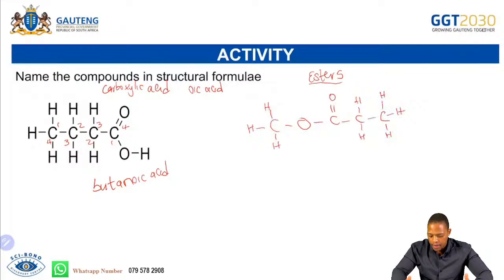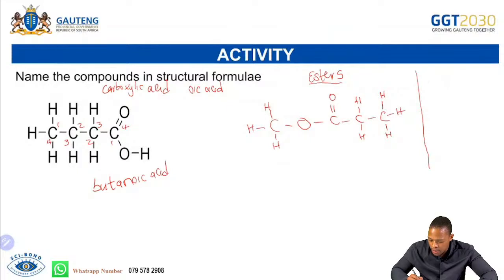Well, here you are not going to be identifying a parent chain and numbering and doing all those things. Why? Number one, you're not going to have attachments on esters. Number two, you have 2 different chains. Okay, I'm going to now explain what I mean. To form esters, there is a reaction that happens.